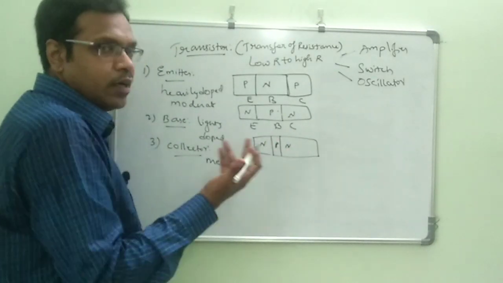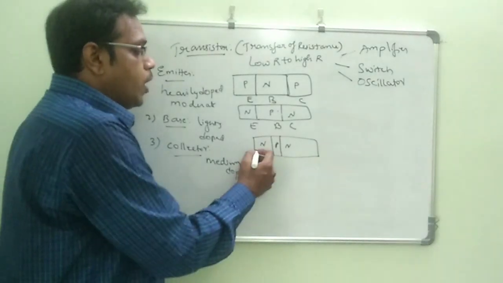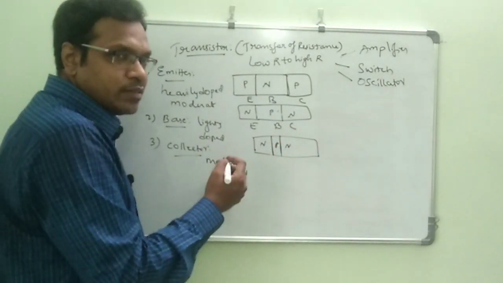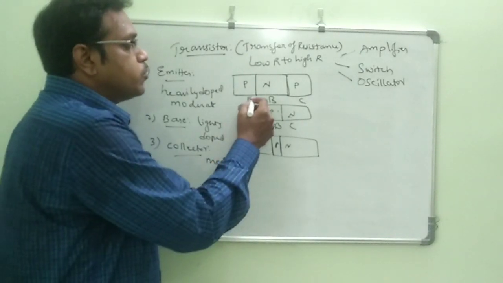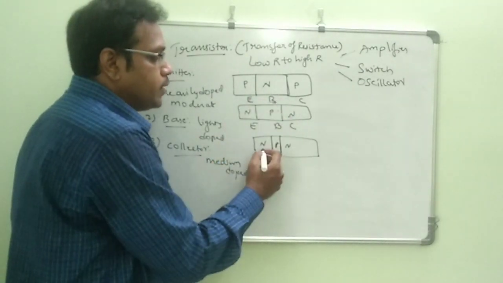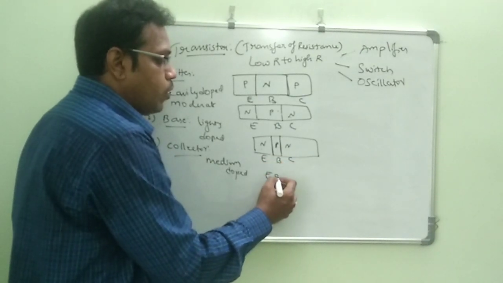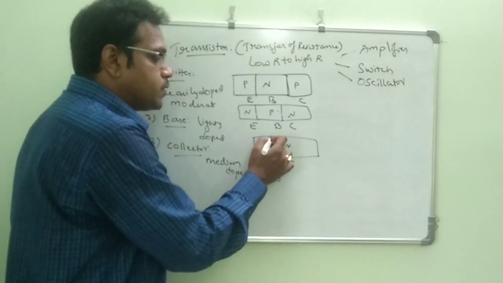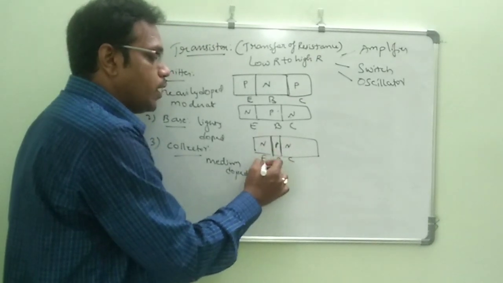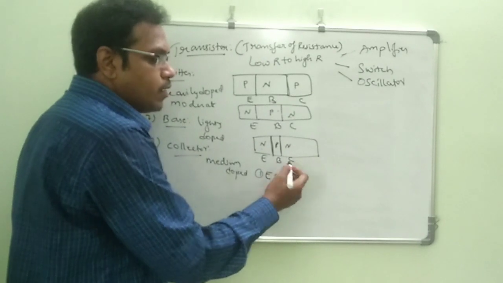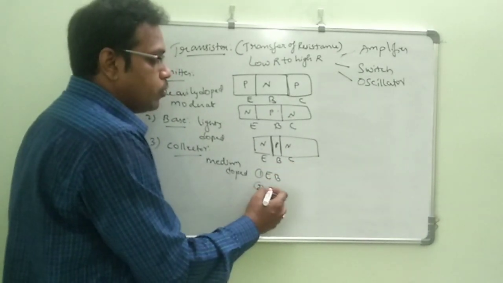Transistors, I already told some examples. Now these two junctions, again: this is emitter, base, collector. The first junction is called the emitter base junction. The next is called the collector base junction, because the collector is more doped.